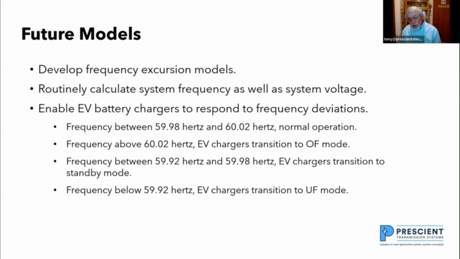If the frequency is between 59.92 hertz and 59.98 hertz, I would have all my electric vehicle battery chargers transition to a standby mode. If the frequency drops below 59.92 hertz, the electric vehicles would transition to the under frequency mode. This is what we're doing in Australia on the Hornsdale Power Reserve right now.